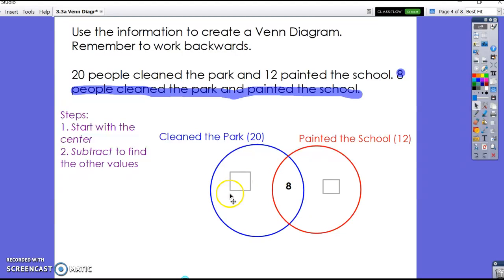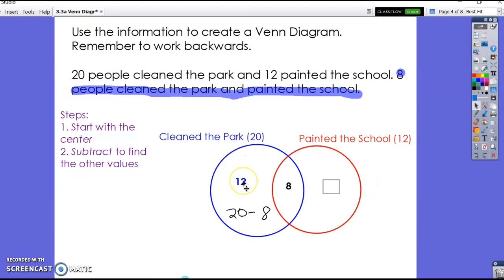Well, now we want to figure out how many people only cleaned the park. So remember, 20 people helped clean the park, and we already accounted for 8 of them. So that means that we have 20 minus 8 people who just cleaned the park. So 20 minus 8 leaves us with 12 people who only cleaned the park.